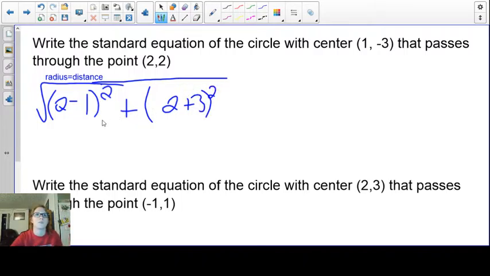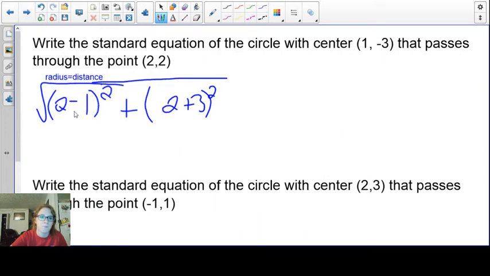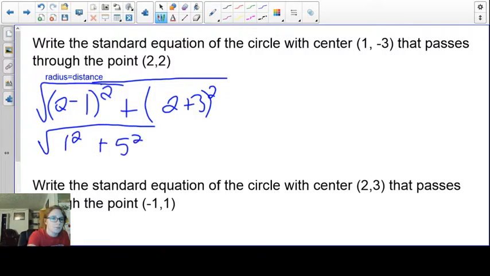So the difference between the distance formula and the equation of my circle is I square rooted both sides, essentially. So I don't have x and y here, I have this point, the point being used of 2 in the x and the 2 in the y. So we have 2 minus 1 is 1, plus 5 squared, which is 26.